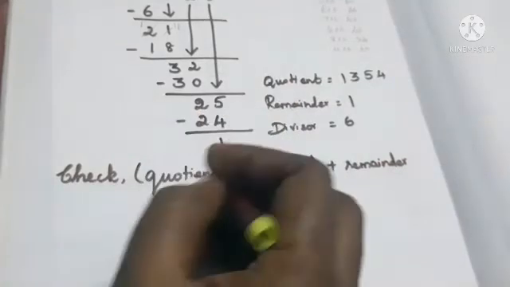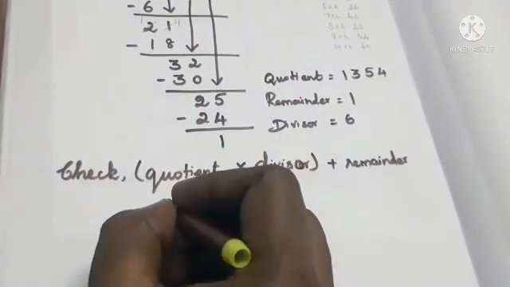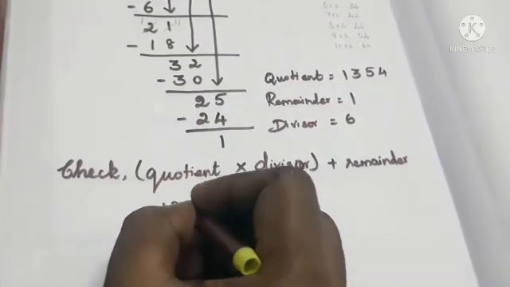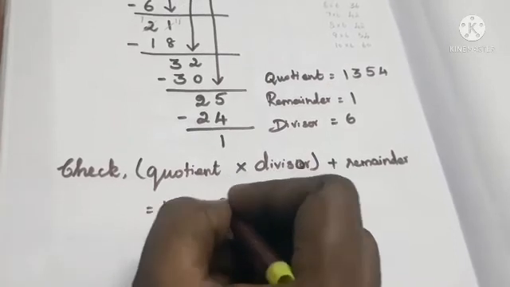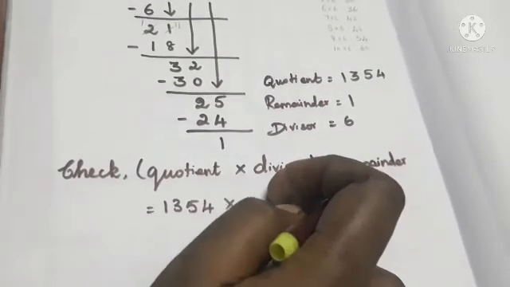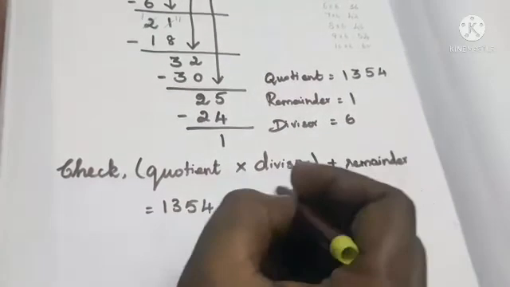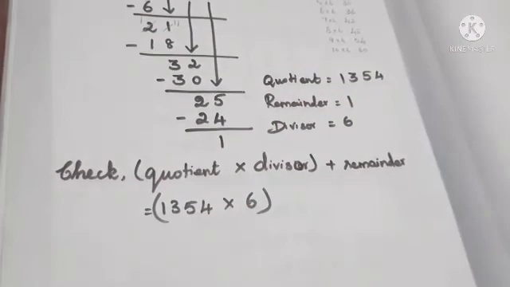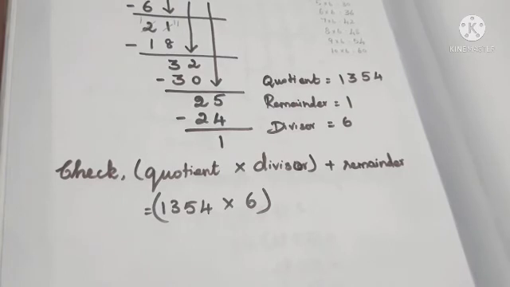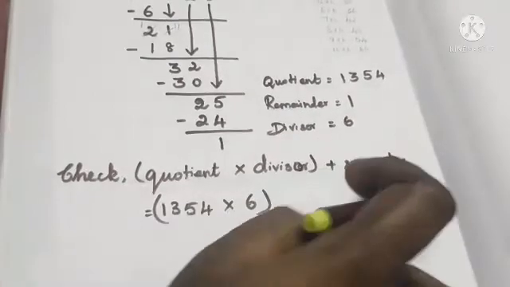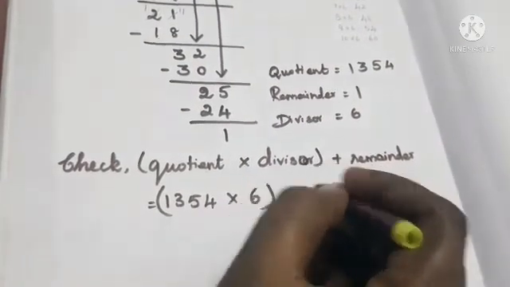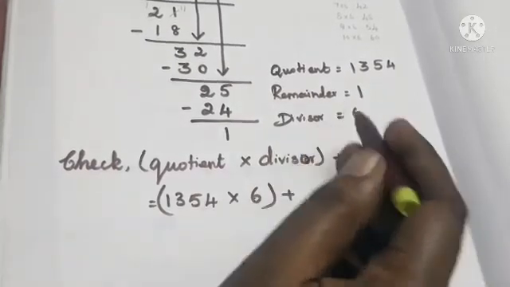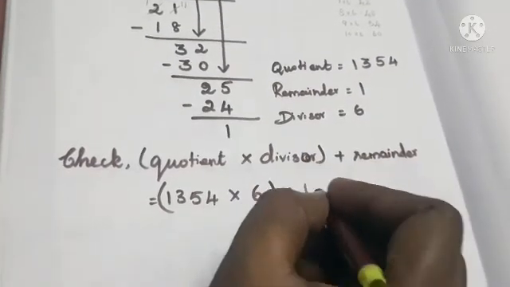Yes, 1354 is our quotient value. Then what's the divisor value? 6 is the divisor. Next we put the bracket. Inside the bracket we write the quotient into divisor. Then what remains? Yes, plus remainder. What's the remainder value? Yes, 1 is the remainder. So we write the 1 here.